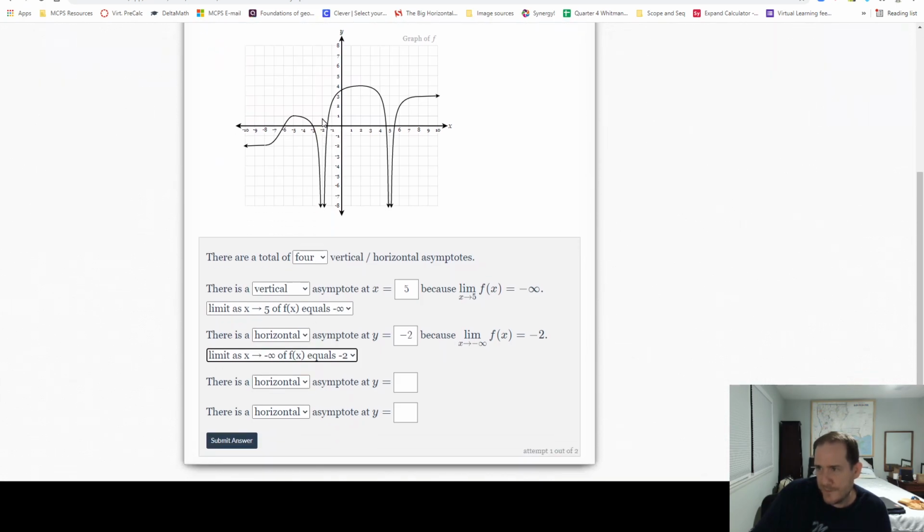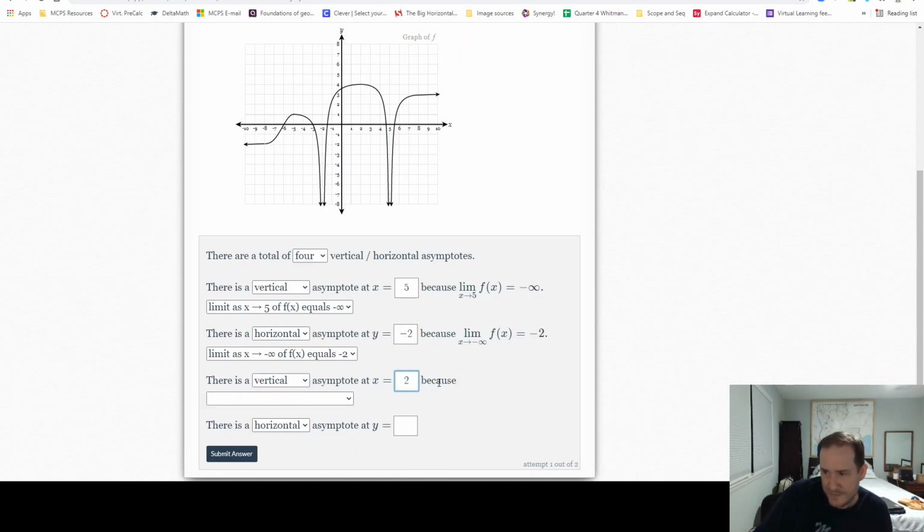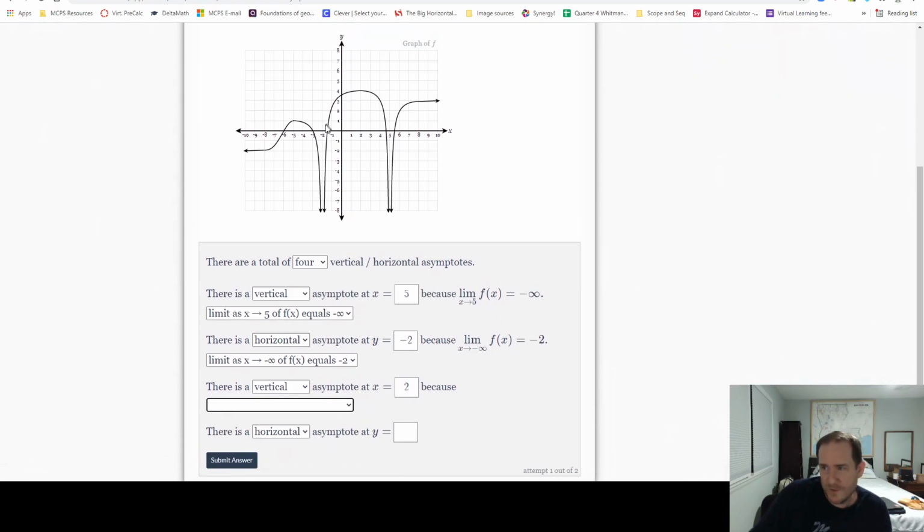Now we'll go to the vertical asymptote at 2. It's at x equals 2. As soon as you plug in 2, now it's asking you why. Why is it that? And again, it's a vertical asymptote. Ooh, what have I done? Okay, so this is at -2. I almost screwed that up. So we're going to approach -2, and the limit is negative infinity. So we've got that covered.